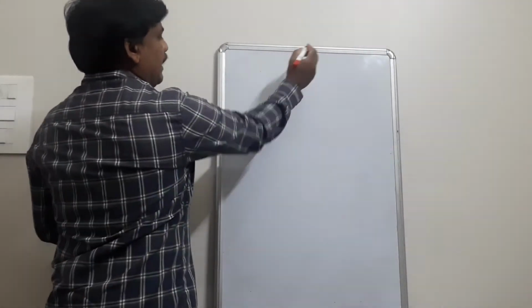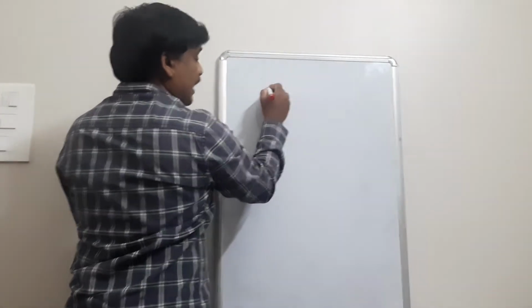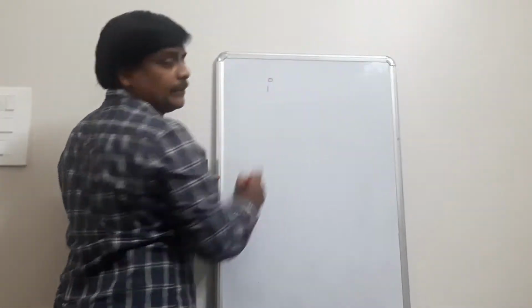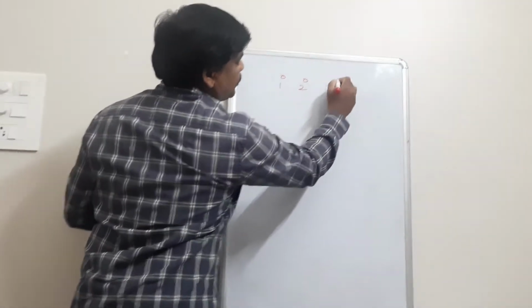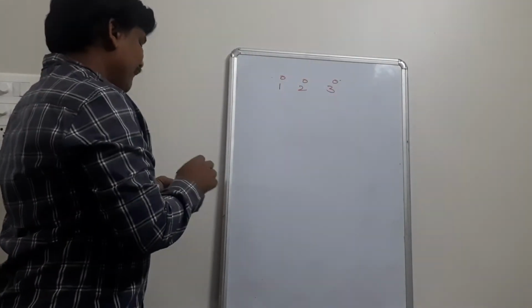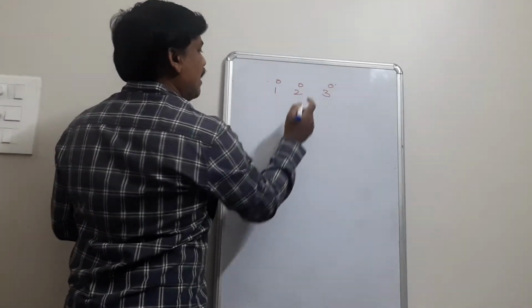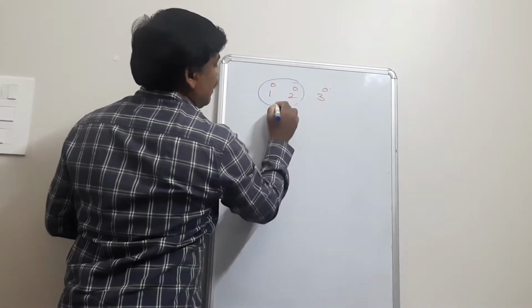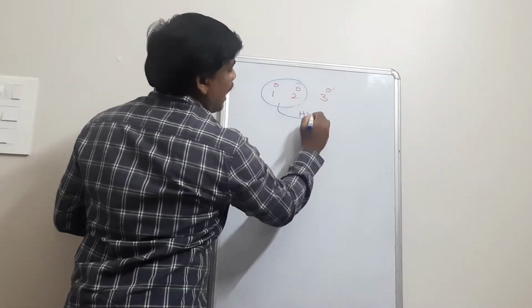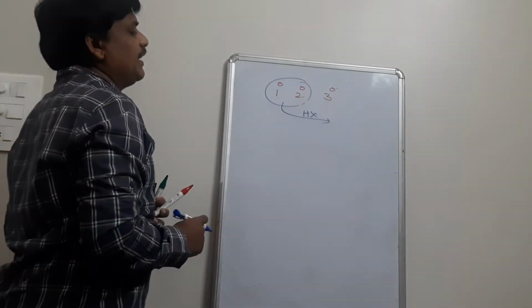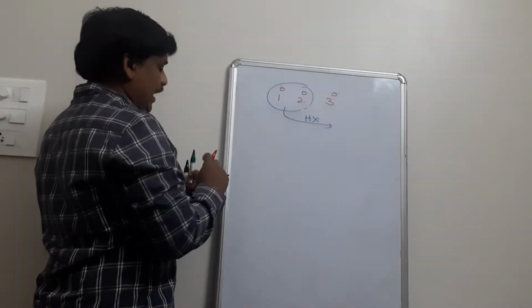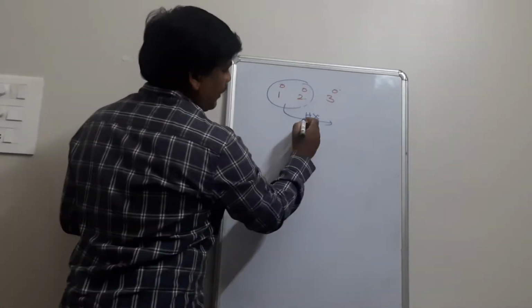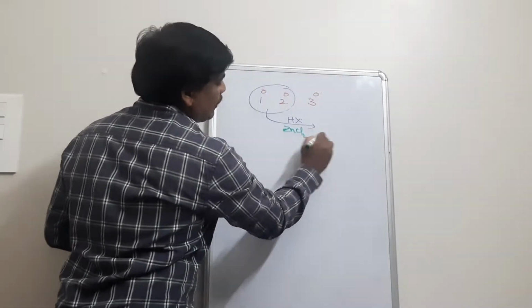We are considering alcohols. We know that we have different types of alcohols: primary alcohols, secondary alcohols, and tertiary alcohols. When primary or secondary alcohols are treated with hydrogen halides, we require a catalyst like zinc chloride. Why?